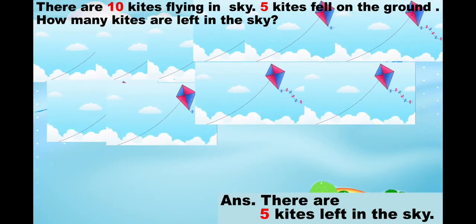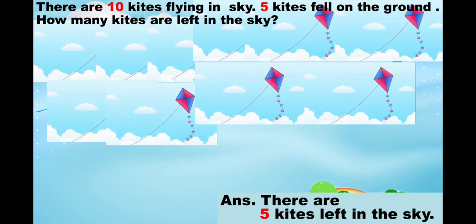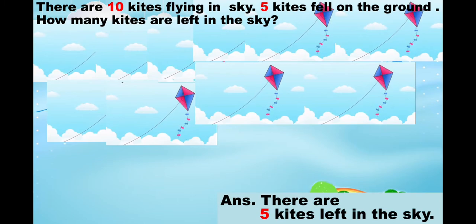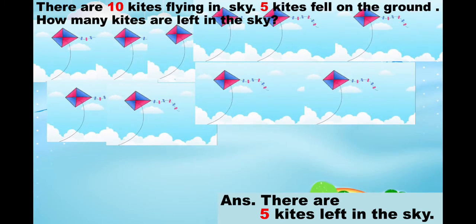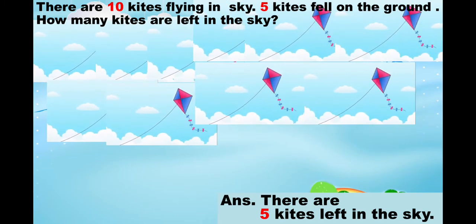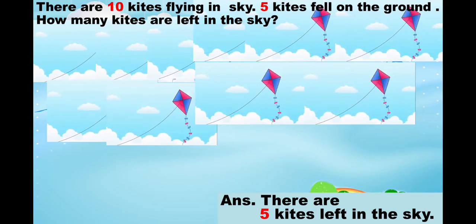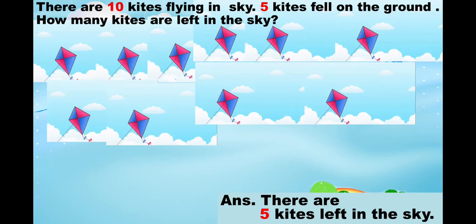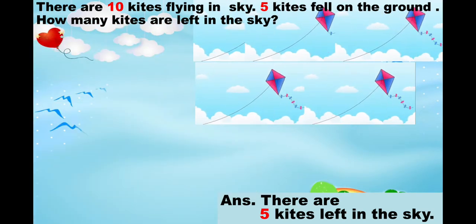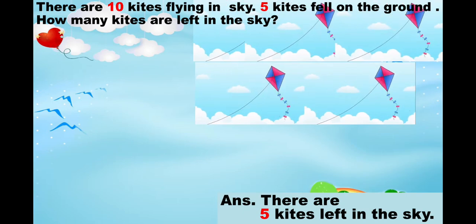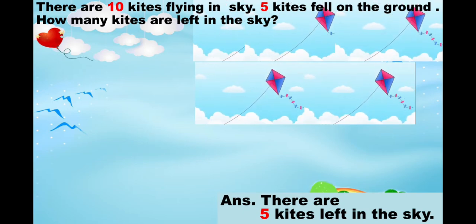Yes. Next, there are 10 kites flying in the sky. Can you see the 10 kites flying in the sky? 5 kites fall on the ground. How many kites are left in the sky? There are 5 kites that just fell down on the ground.